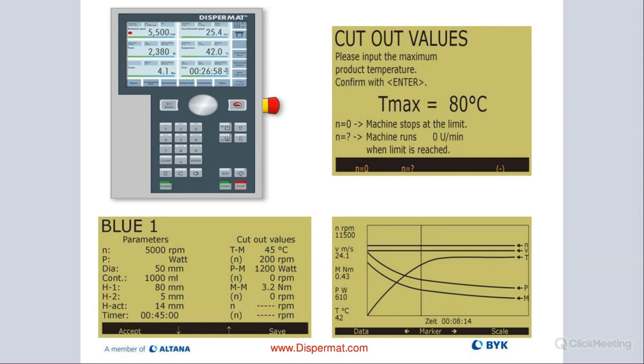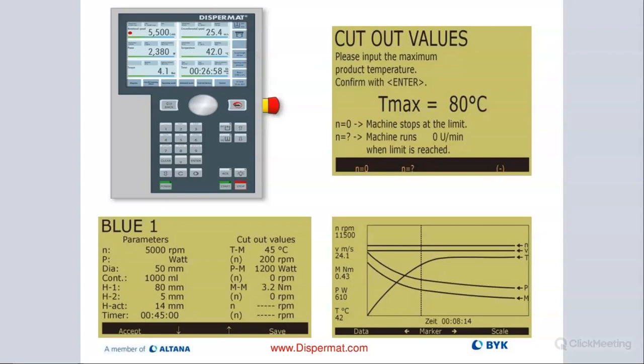We talked about that earlier, these cutoff values, so you can program that machine depending on what your temperature threshold would be. You can have cutoff values for your speed if you're running with constant power, or you can have cutoff values for your power if you're running at constant speed.